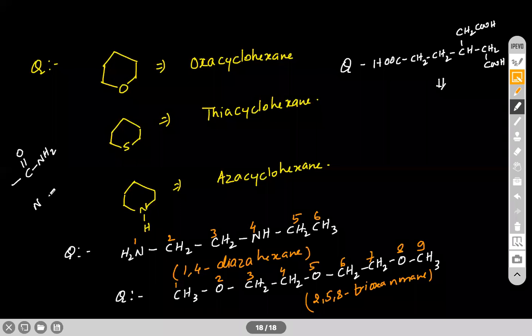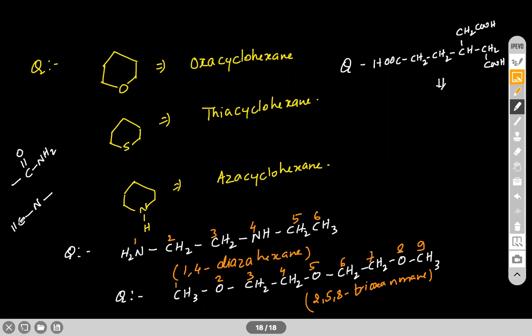Aza is nitrogen present in between the compound, with carbon atoms on both sides.